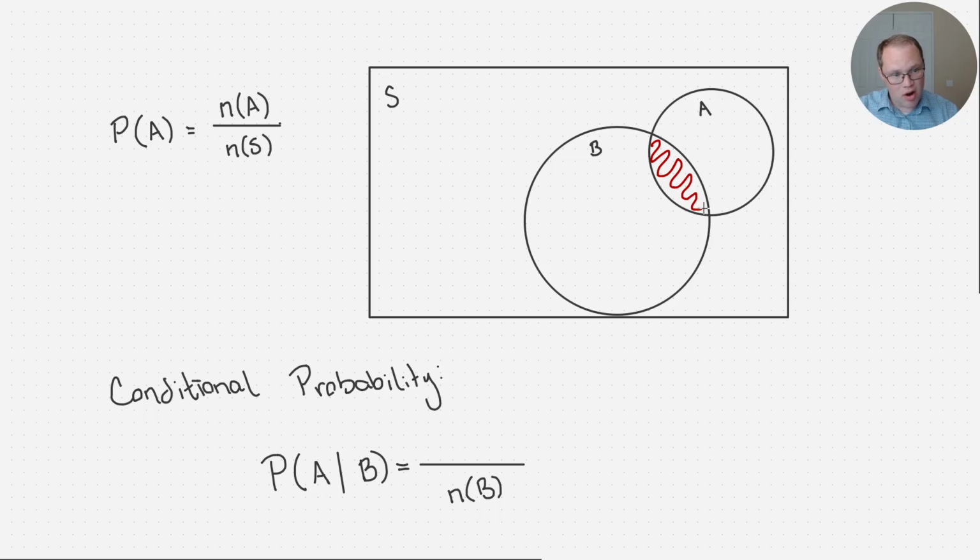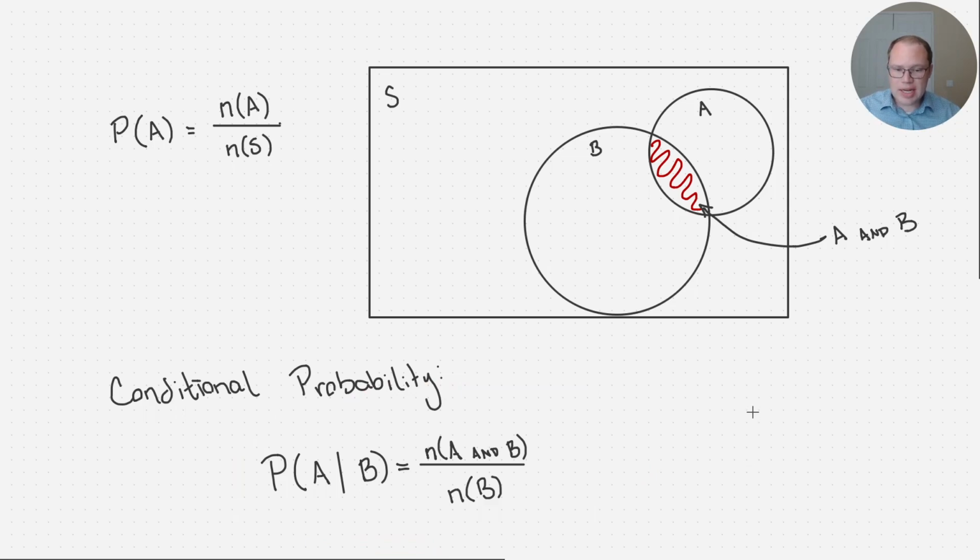These outcomes here are in event A and B. So instead of finding all the outcomes in A, we want to just count the outcomes that are in A and in B, okay? So this is the formula that we use to calculate conditional probability if all the outcomes in the probability space are equally likely. If all outcomes are equally likely, this is the formula, okay?